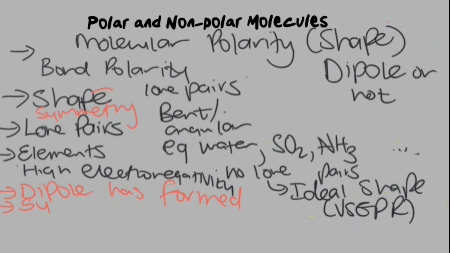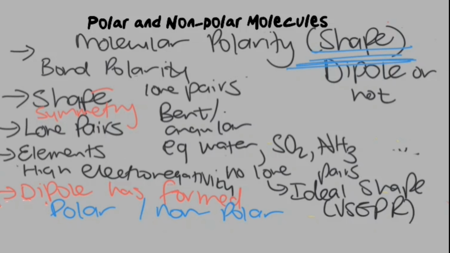And that is when there are no lone pairs. So when you have to determine whether a dipole has formed, and then lastly, you can make the conclusion whether it is polar or non-polar. And all of this is relating to shape.